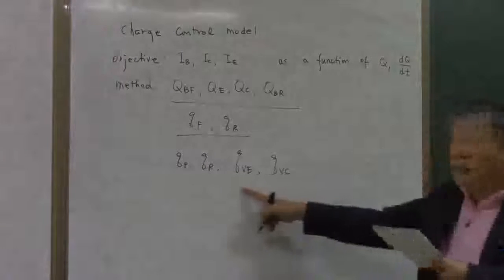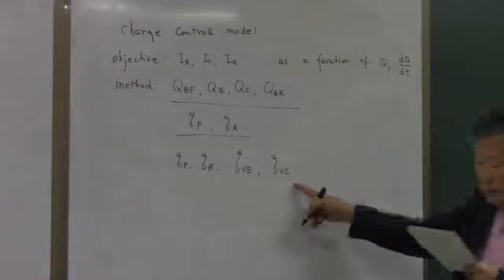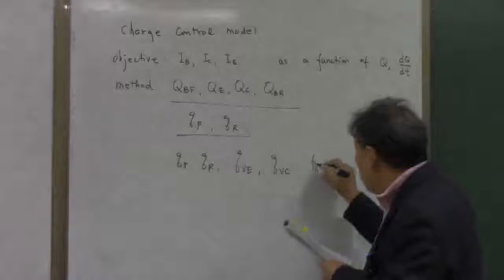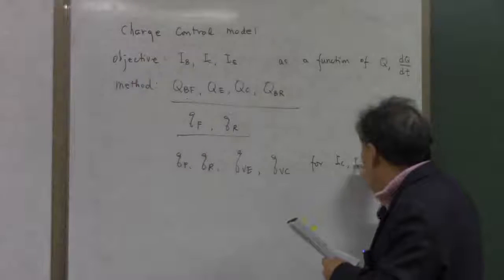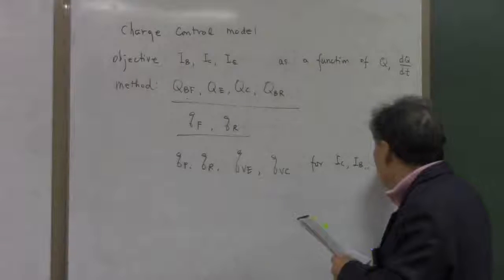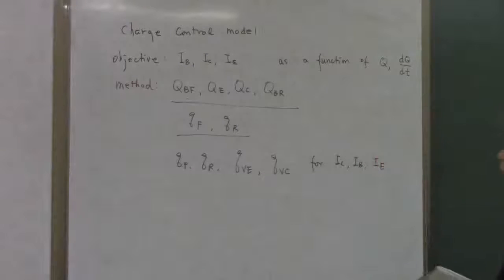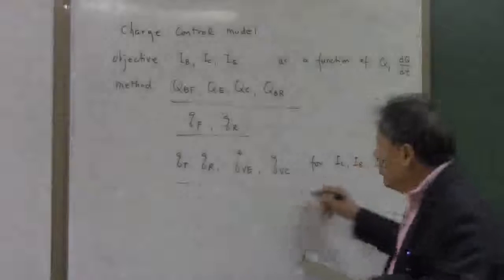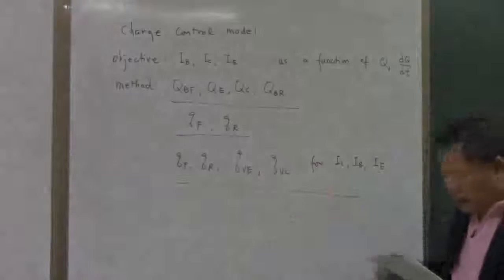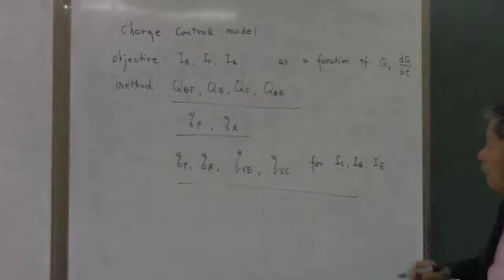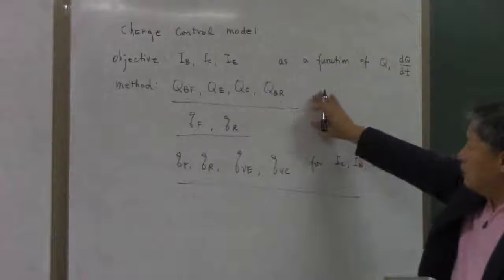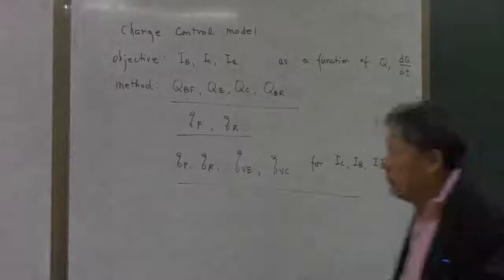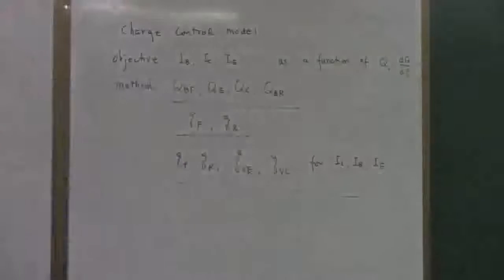This is the minority carrier injection charge, okay, for IC, IB, IE, the terminal currents. So we're going to follow these three steps. And the first thing, we have derived this, as a matter of fact.